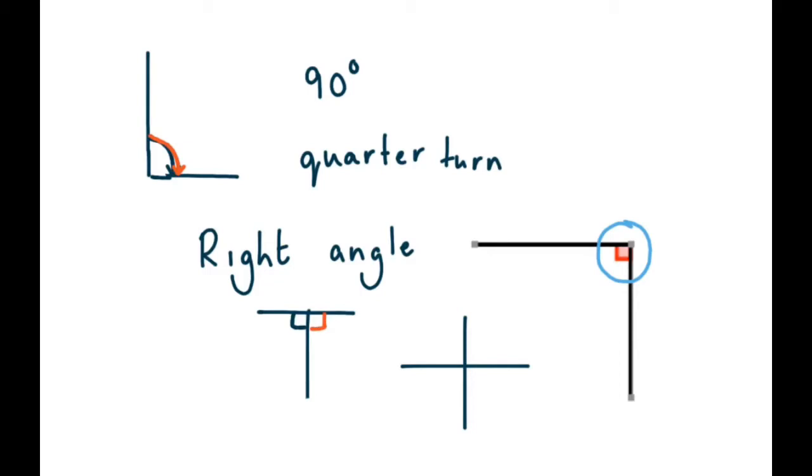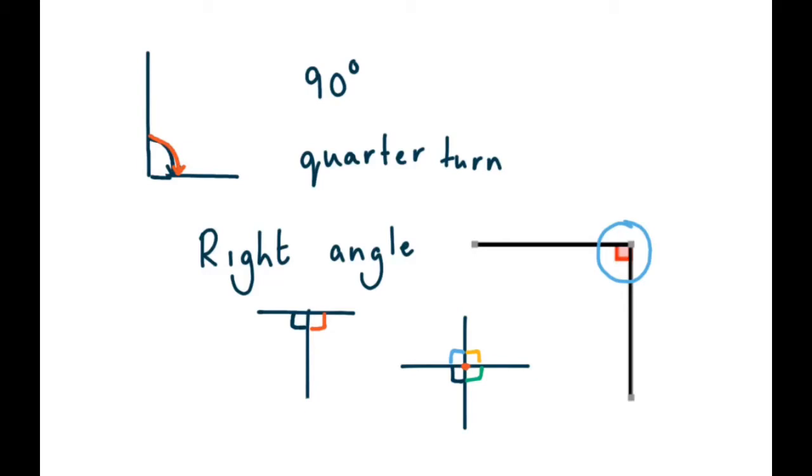In the cross, because it splits this midpoint into 4, we've actually got 4 right angles that you can see. So each one of those is a right angle, and we show that with that little square. So a right angle, 90 degree angle, is often shown with a little square.